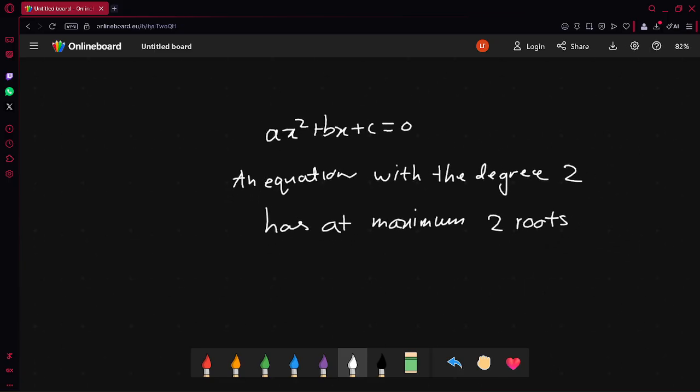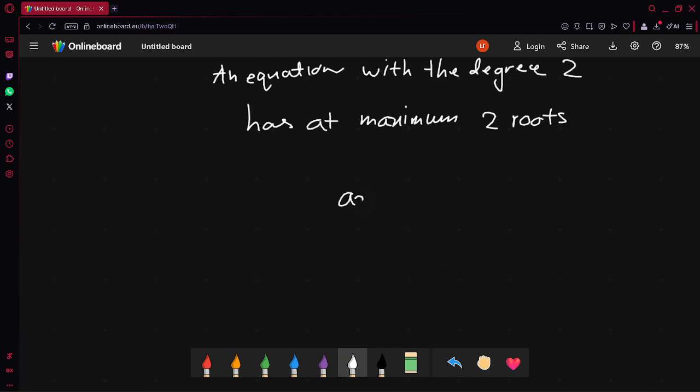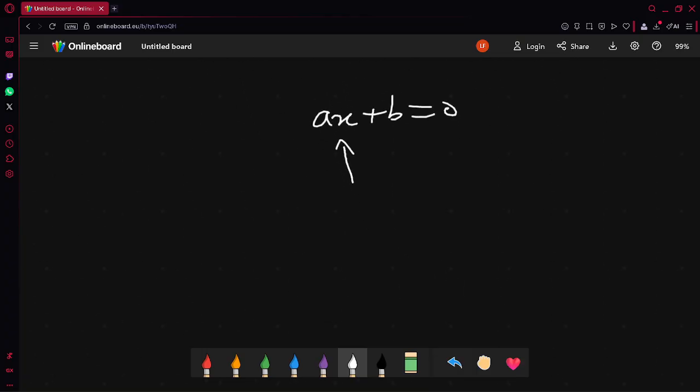Now, what is a root? A root is a solution for this equation. Let's say we have ax plus b equals 0. A root is the value of x for which this equals 0. If we solve for this value, we get ax equals negative b, and x equals negative b over a.